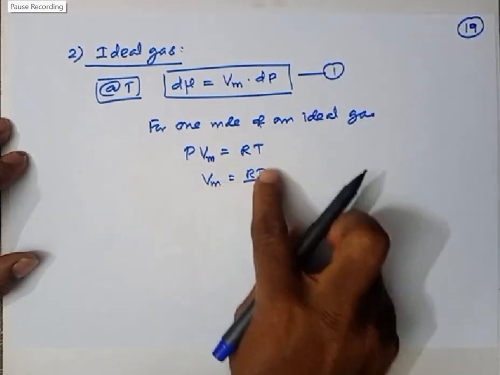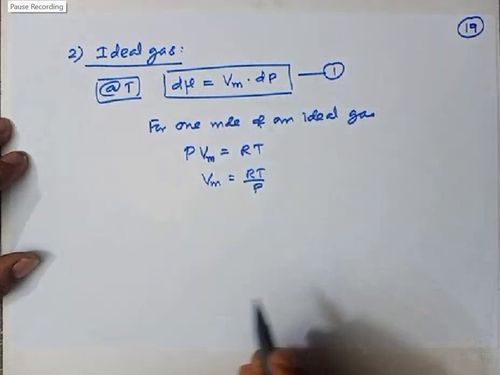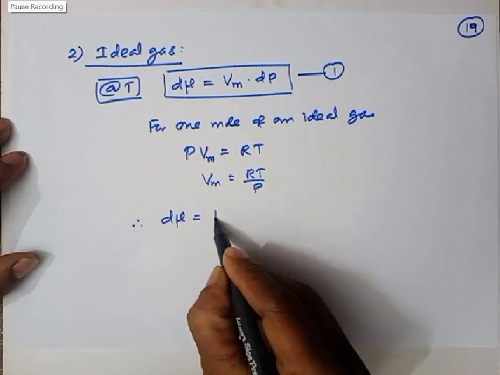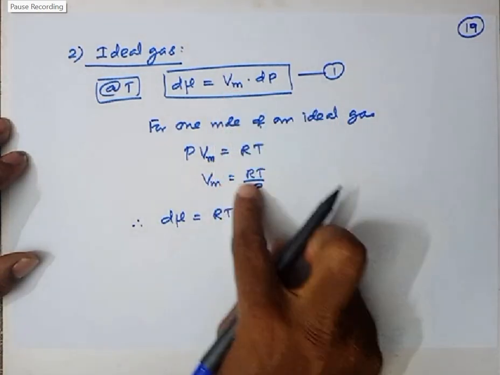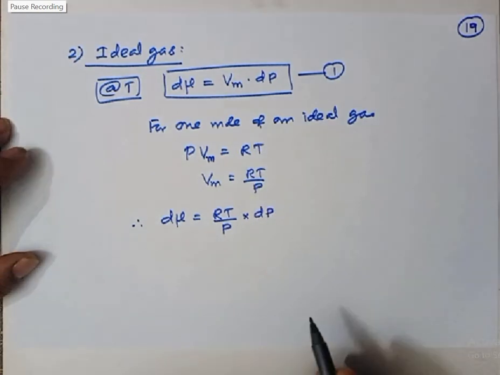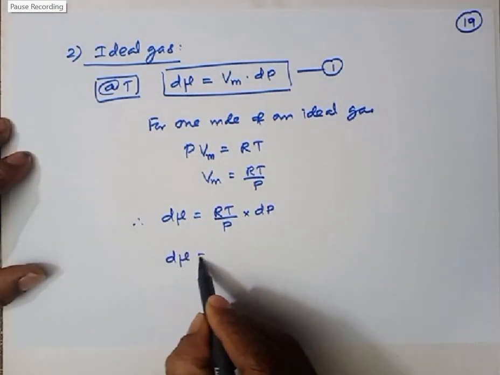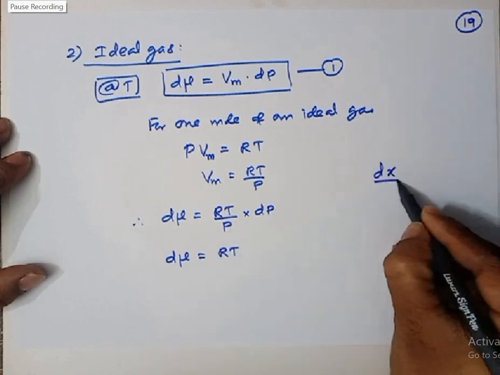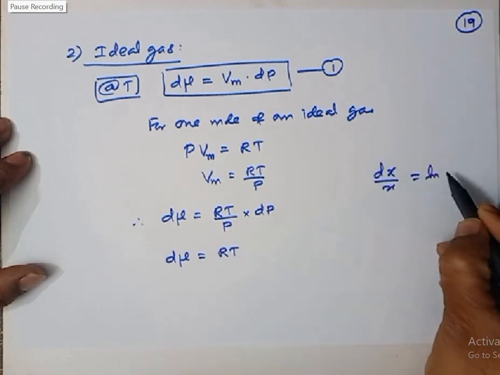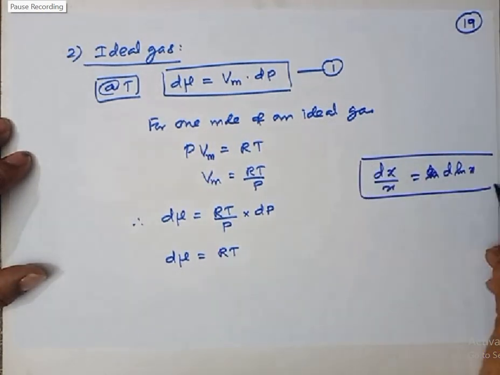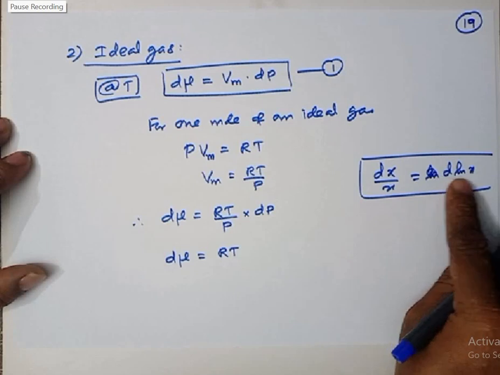Now I'll put this Vm in the equation. Therefore, change in chemical potential equals, in the place of Vm, I'll put this value RT by P into dP. Or we can write d mu equals RT, keep RT as such. You know very well dx by x is equal to d ln x.